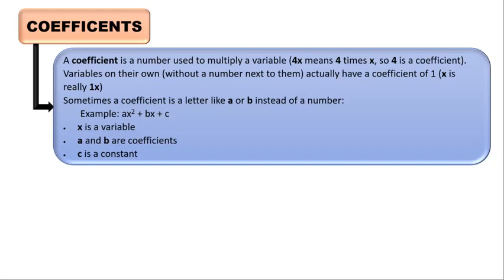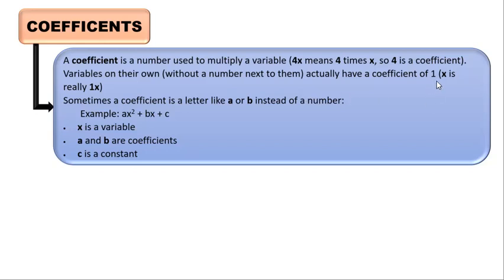A coefficient is a number used to multiply a variable. An example we have here is 4x. It means that 4 times x. So 4 here is a coefficient. Now, if variables on their own have no number next to them or beside them, they actually have a coefficient of 1.